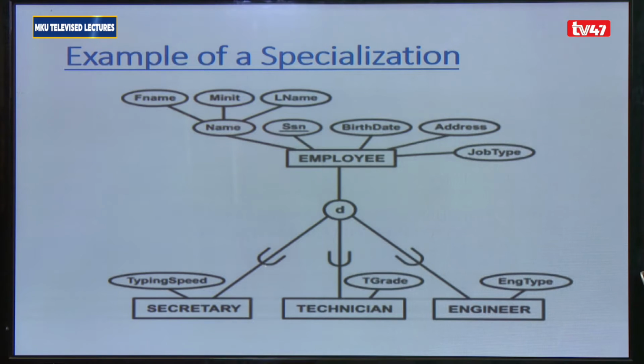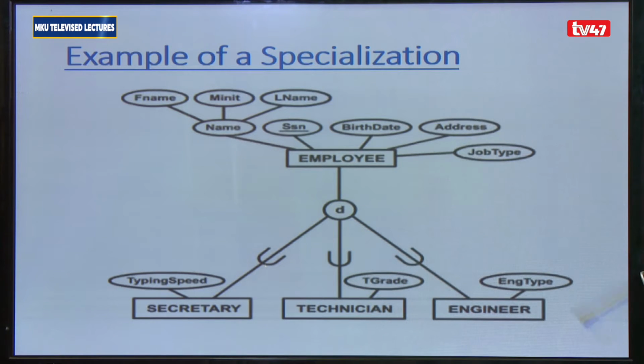The notation that we'll be using in drawing our enhanced entity relationship diagrams is what we call the Chen notation. I want you to note that there are various notations that can be used in drawing enhanced or general entity relationship diagrams.